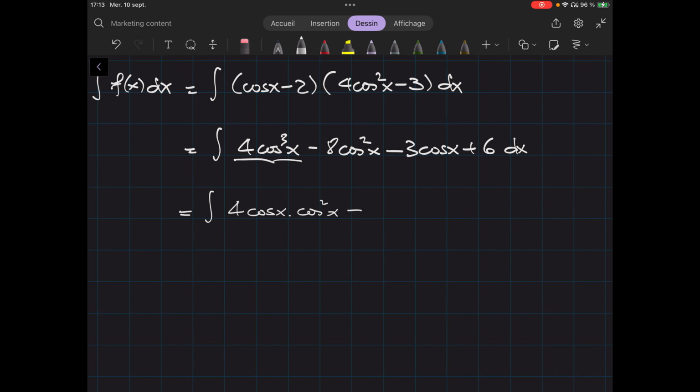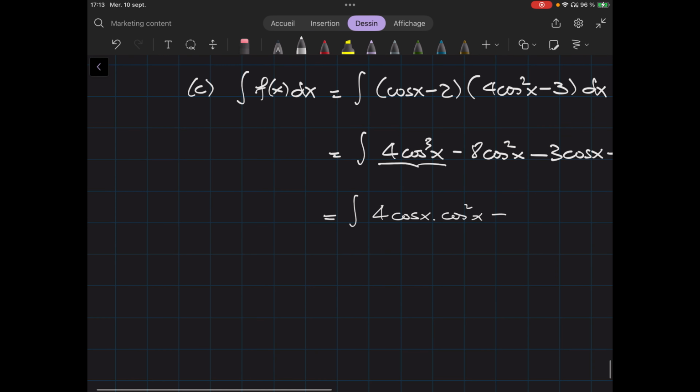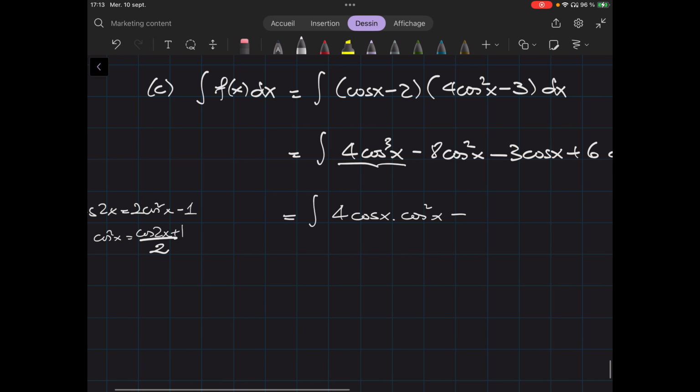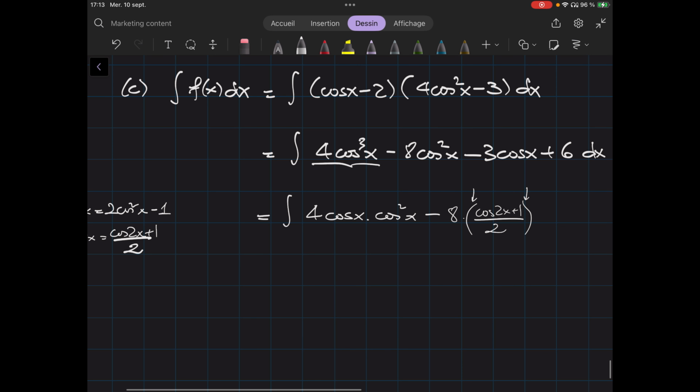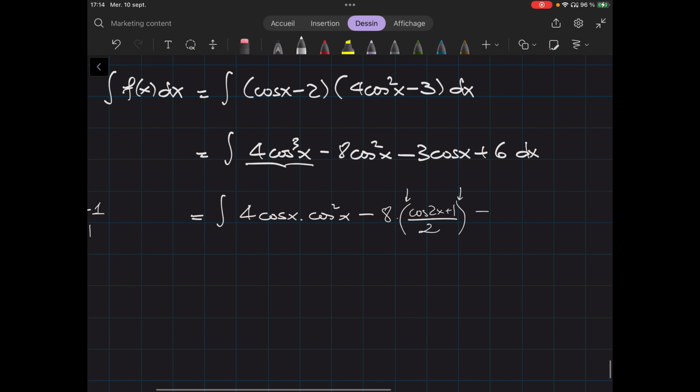For the second term, cos squared of x, this is begging for a double angle formula. Notably, cos of 2x is equal to 2 cos squared of x minus 1. So cos squared of x is going to be cos of 2x plus 1, divided by 2. Do not forget your brackets. 3 cos of x, we cannot do anything with it.